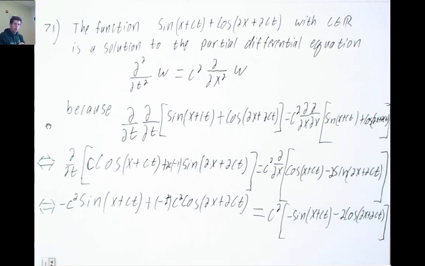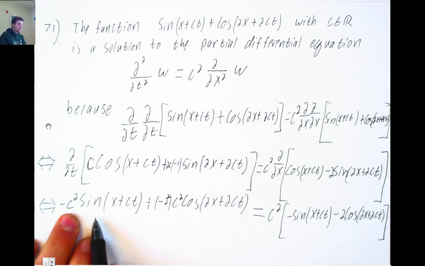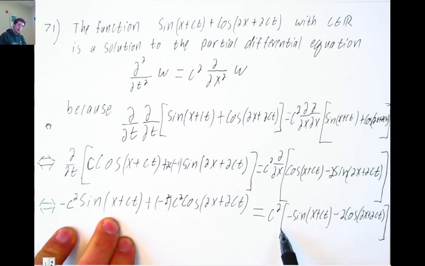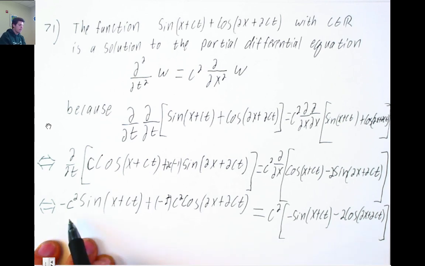Do I have a true statement about functions here? Do I have a trivial algebraic expression? Let's see. I have negative c squared sine of x plus ct, and over here a c squared negative sine of x plus ct. Okay, so I could either slash this and this, but I don't like slashing. I think it's ugly.